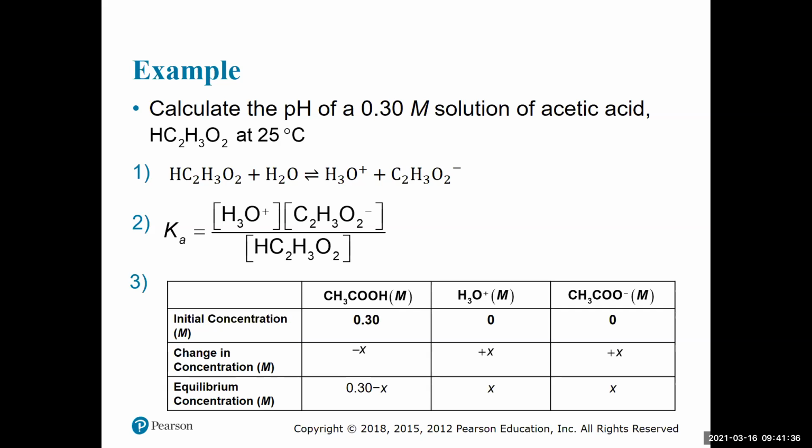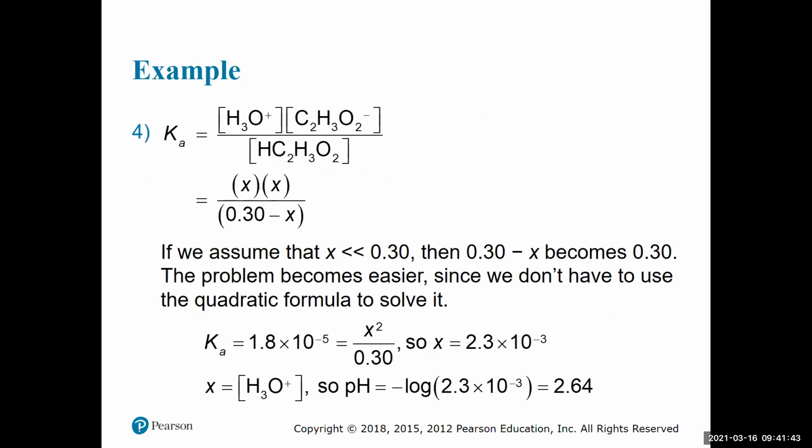Like I said, very similar, should look pretty much the same as what we've been doing all along. It's that same thought process. So we fill in those concentrations. We have X times X in the numerator, 0.30 minus X in the denominator. Here's where, with these weak acids, we can often make an assumption.